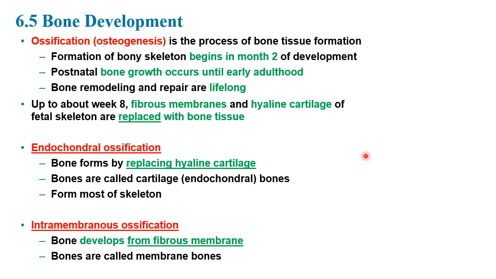All right. So basically, when you have bone development, you're going to have ossification, right? It's also called osteogenesis. And this ossification process is happening in utero, and begins around 8 weeks of pregnancy, about 2 months.